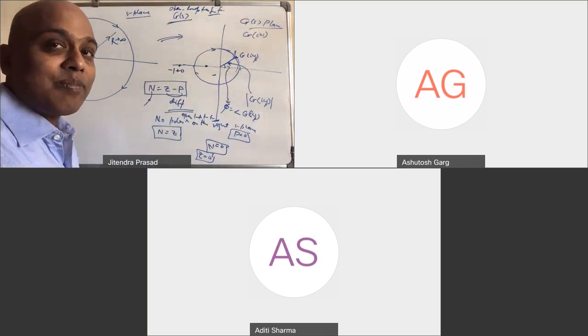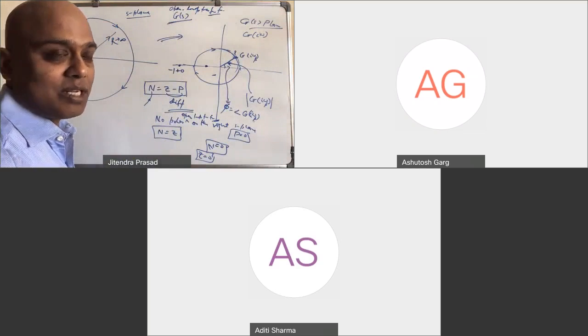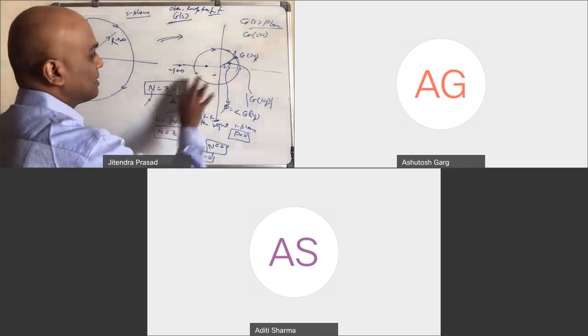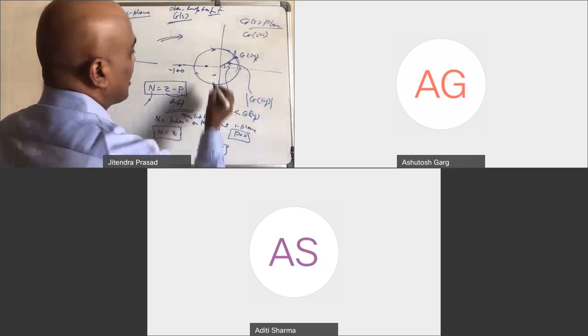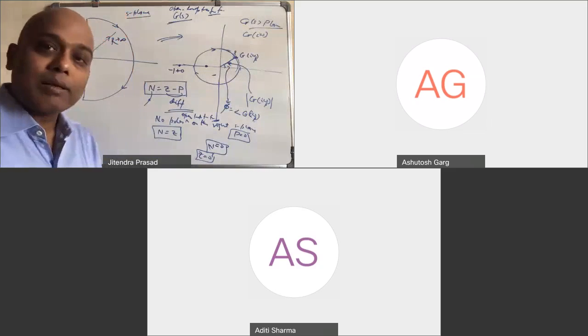If there is a pole on the right S plane, automatically it tells you that there is some problem. So this is how you are going to check it.